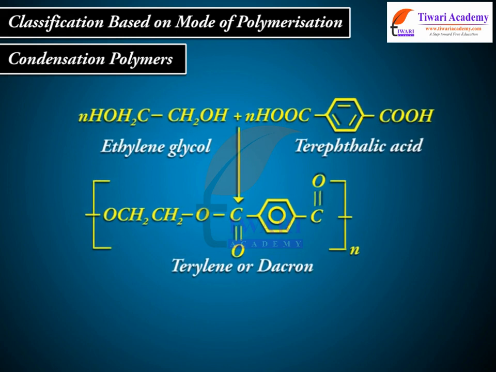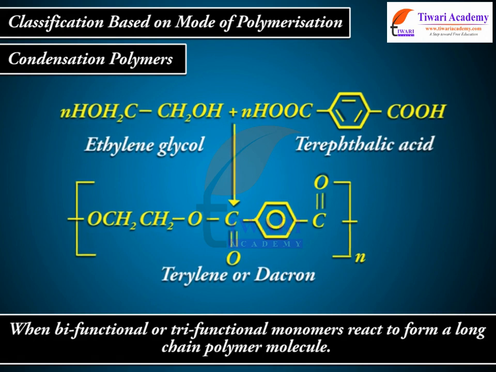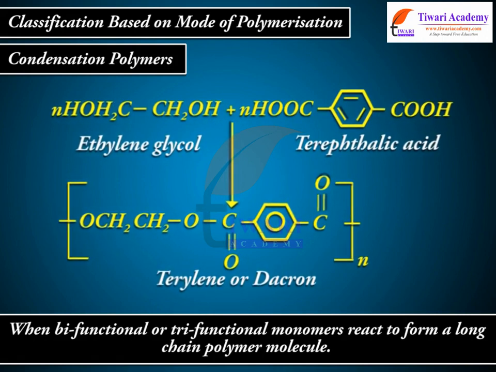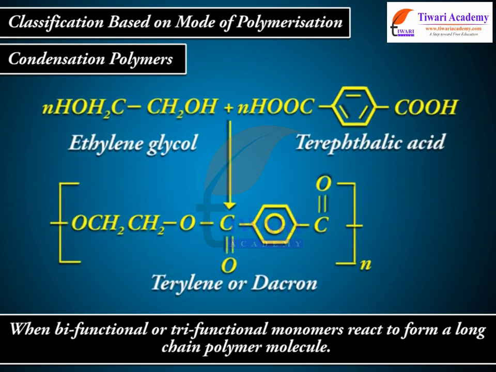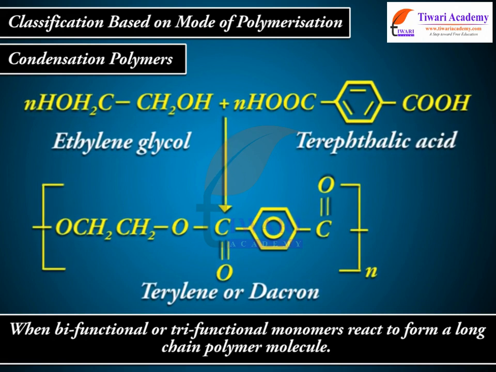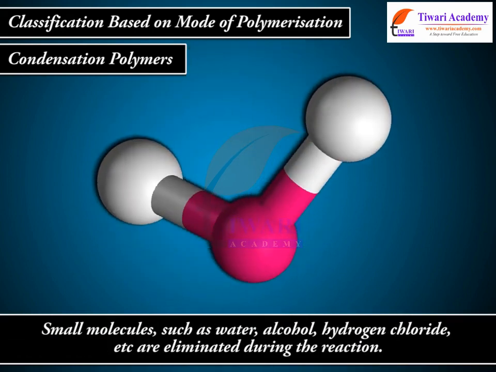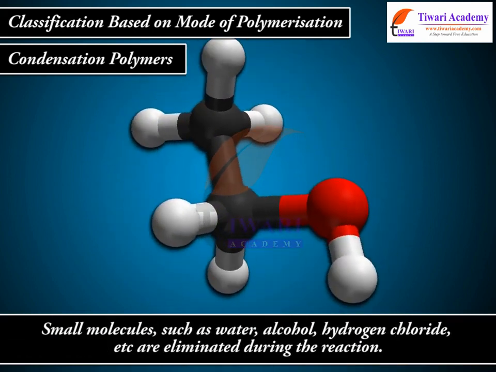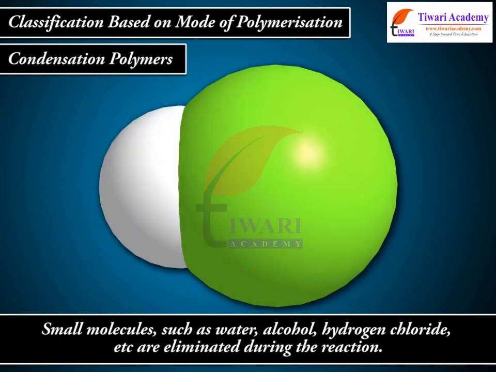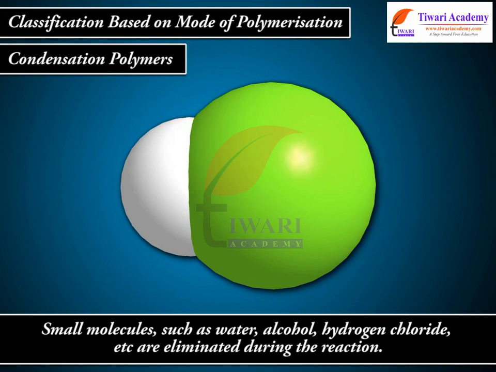Condensation polymers. Condensation polymers form when bifunctional or trifunctional monomers react to form a long-chain polymer molecule. Small molecules such as water, alcohol, hydrogen chloride, etc. are eliminated during the reaction.